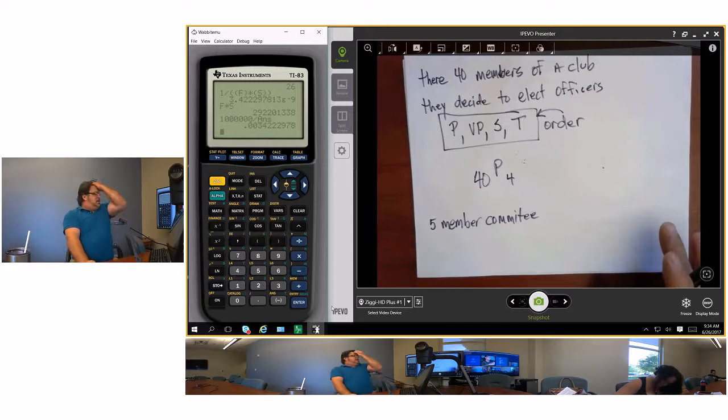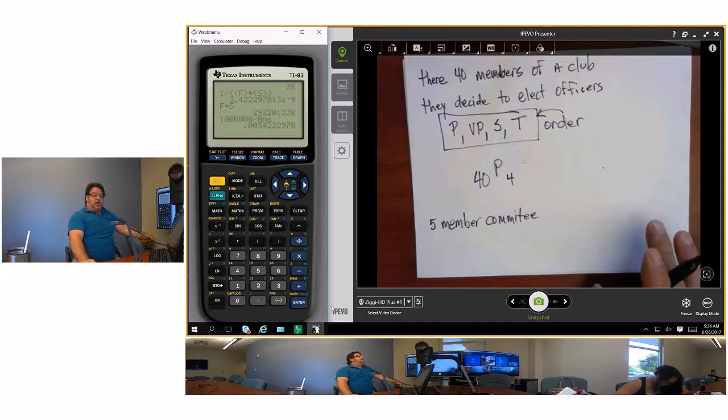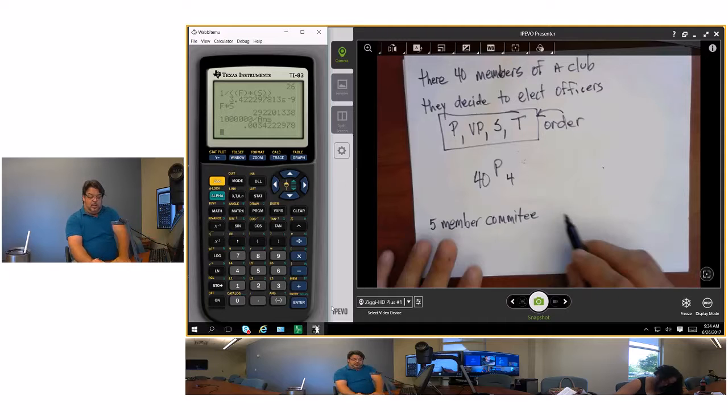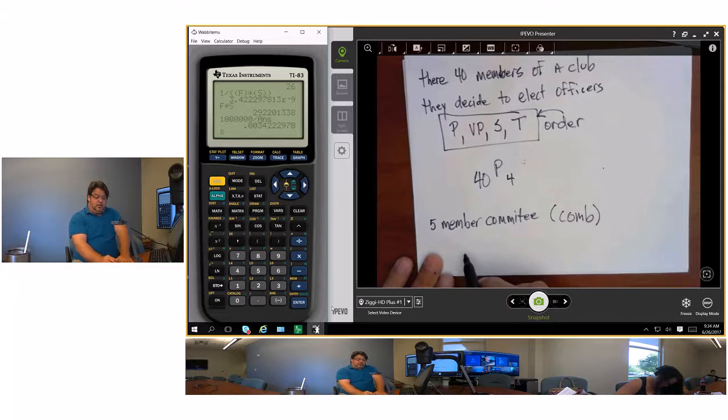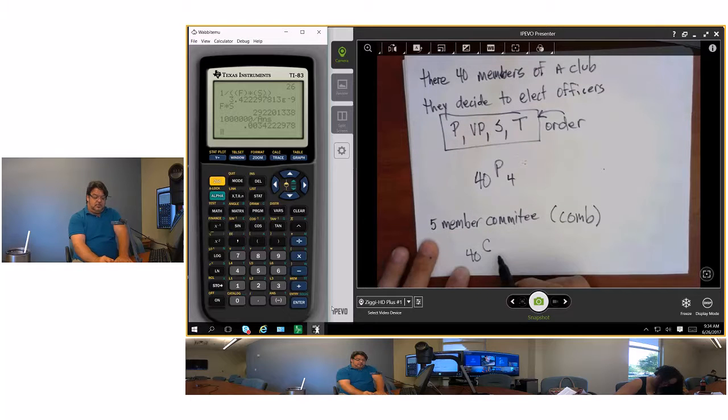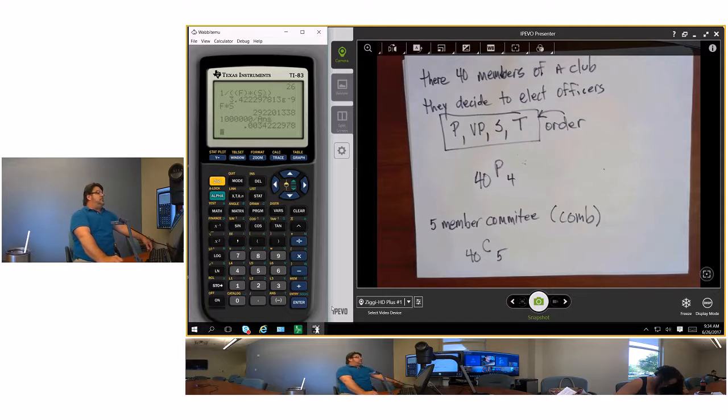Does a committee have offices? No. So this would be a what? A combination. 40 combination of 5. And you would punch that in your calculator.